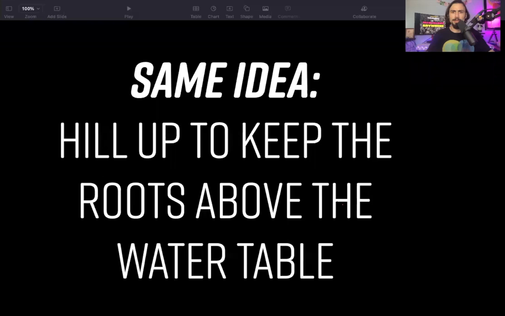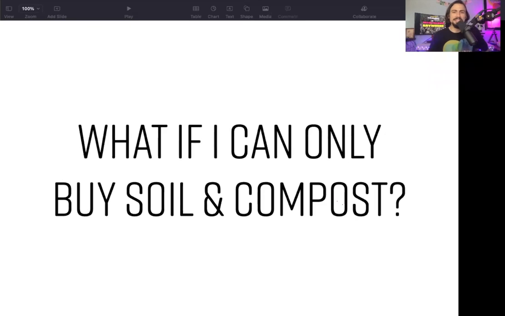I mean, come on. I'm not going to be making islands. The same idea, though, just hill up to keep the roots above the water table. And if you're in Missouri, you might not be doing swales on contour. You might be doing a keyline system and sending things canted off contour to send that water peeling away so that you don't overwhelm your plants into a waterlogged situation.